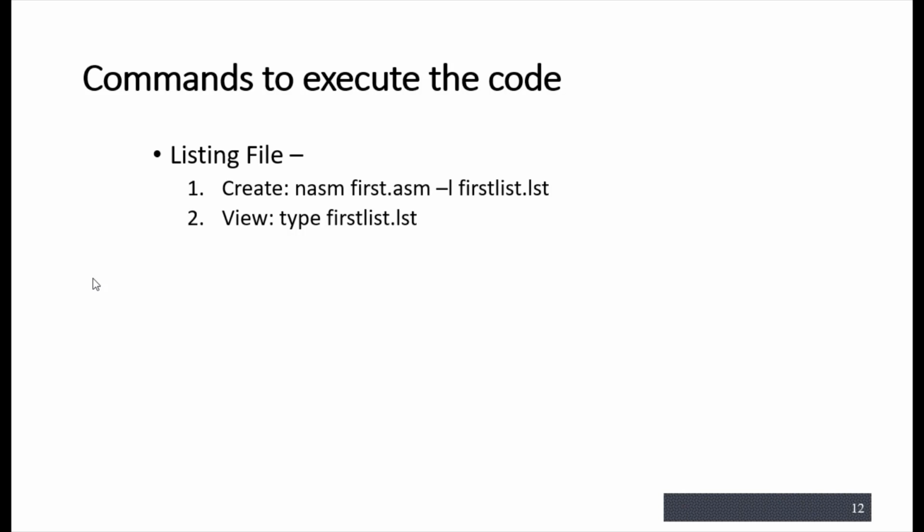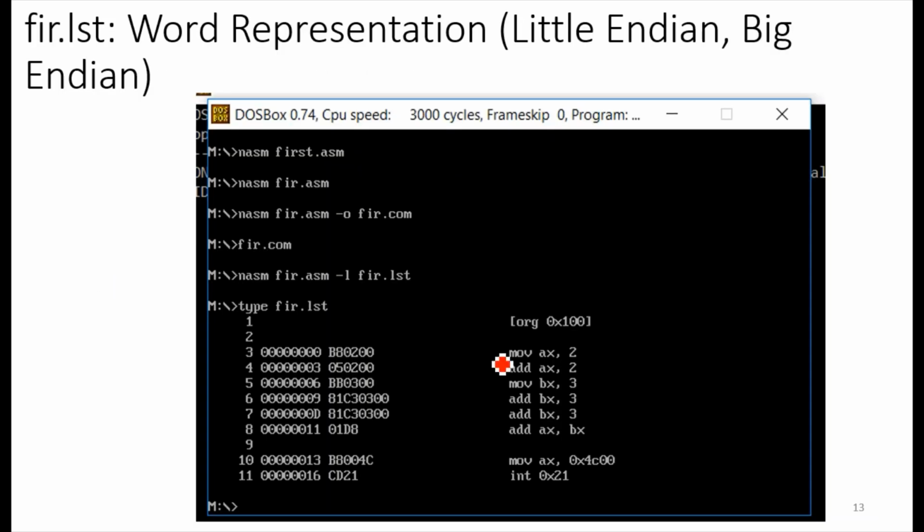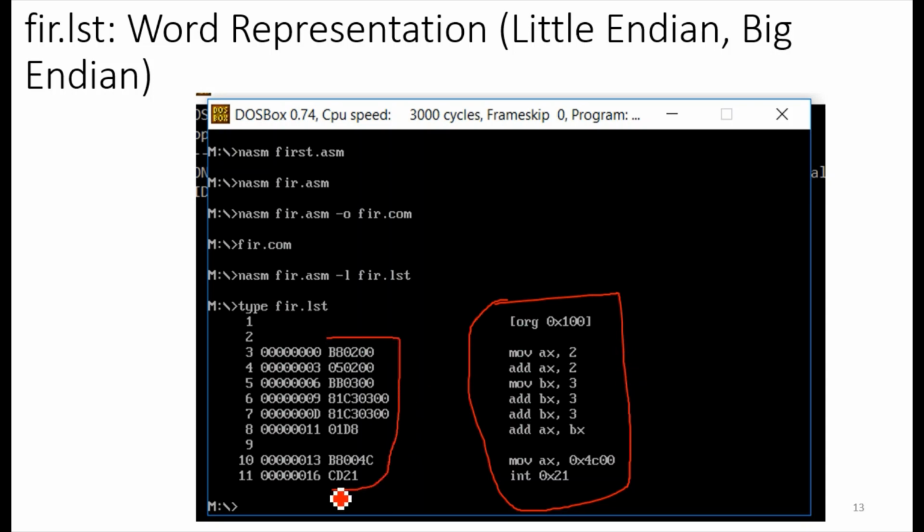The next step is to generate the list file and to print the list file content, where the list file would contain 3 further partitions. The right side is the assembly code, then there would be the machine code, and alongside this machine code would be the addresses of each instruction in hexadecimal.